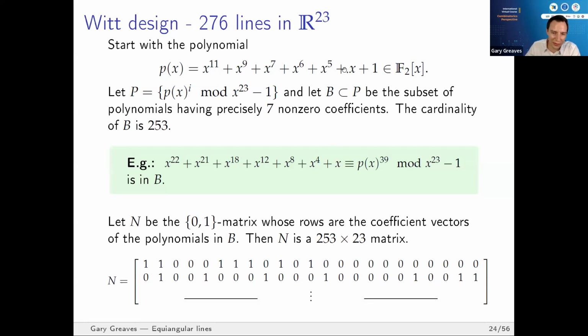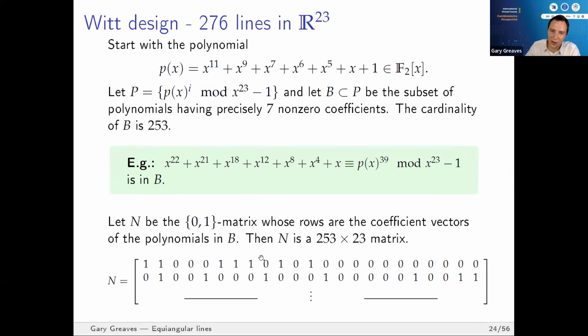Then there's no x squared term, so I have this 0 here, then 0 times x cubed, so I get this 0, 0 times x to the 4, this 0, but then I have 1 times x to the 5, so I get a 1 here. I also have x to the 6, x to the 7.